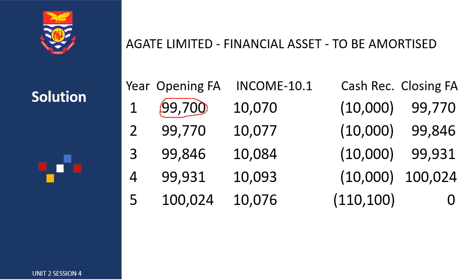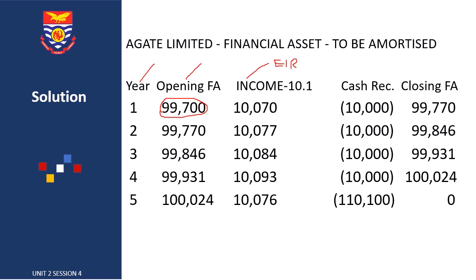Now when it comes to the amortization, these are the various columns. You need to get the year column. Then we have the opening balance, or the opening value of the financial instrument for each year. Then we have the income, which we call the effective interest rate, EIR, the rate prevailing in the market.